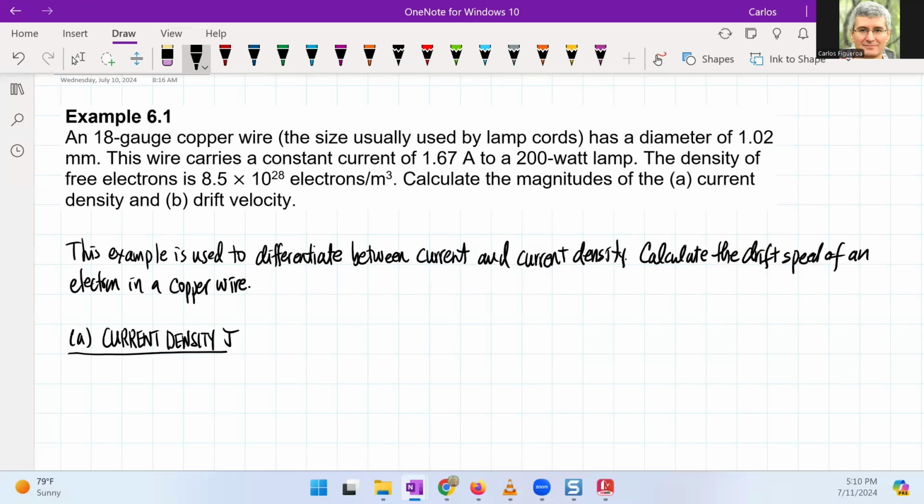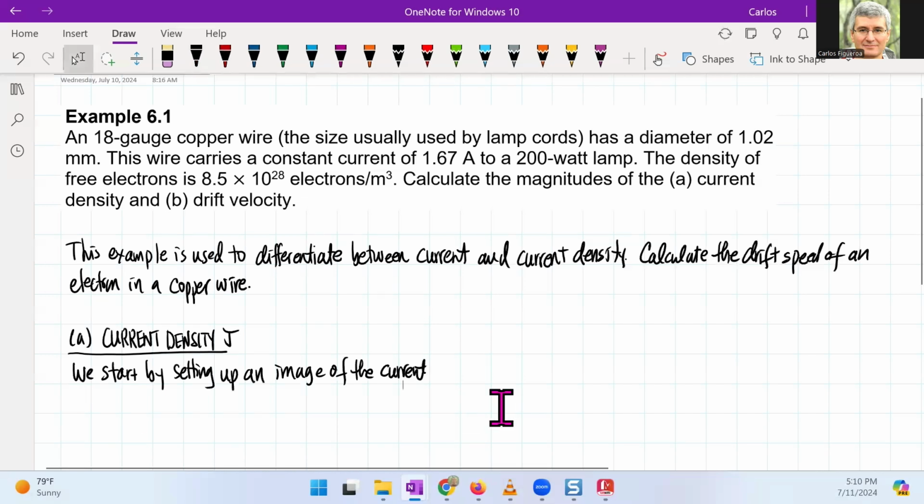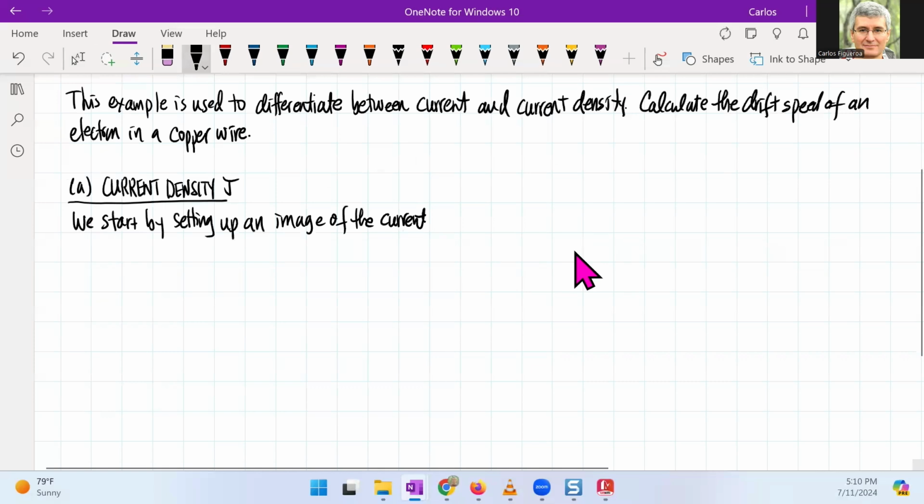So the first thing that we want to do is set up an image. We start by setting up an image of the current. So I see a cylinder.